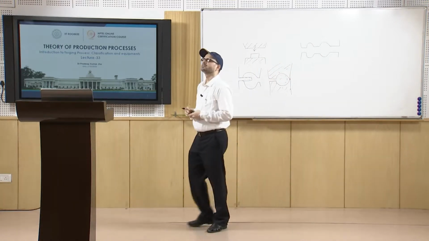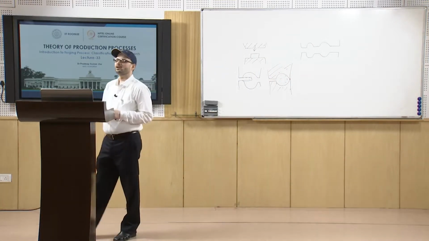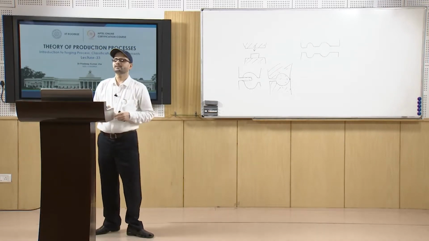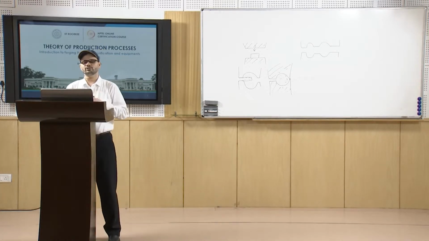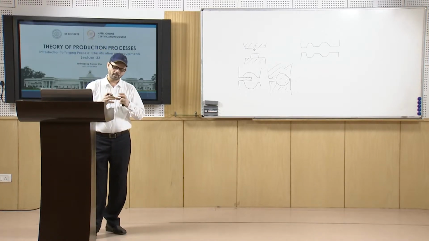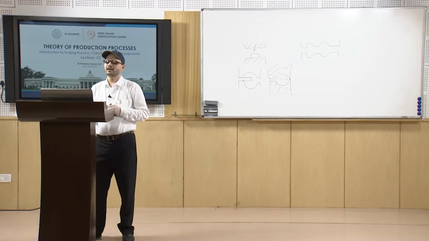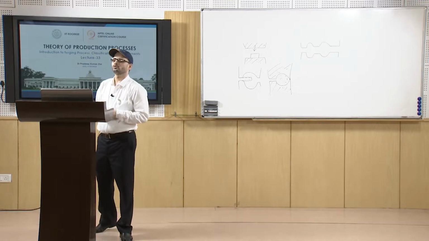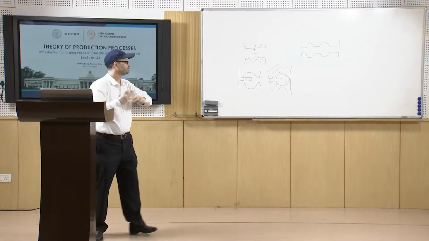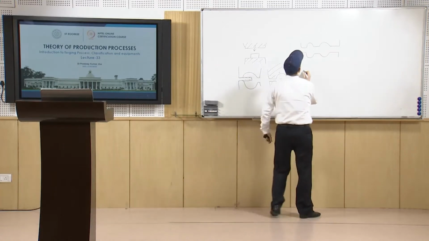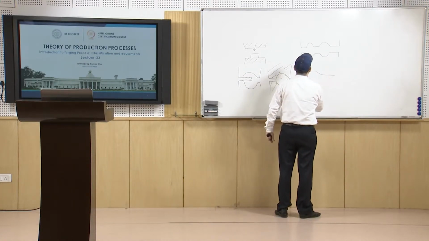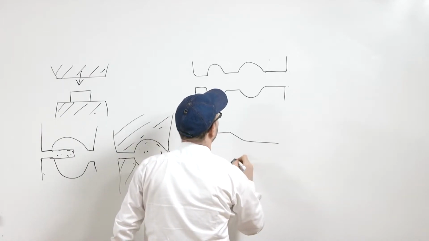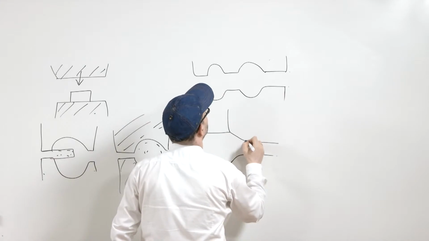Then the next operation will be drawing out. In drawing out, you reduce the cross section of the work with an increase in the length. You apply the tool, the die, and you can decrease the cross section.